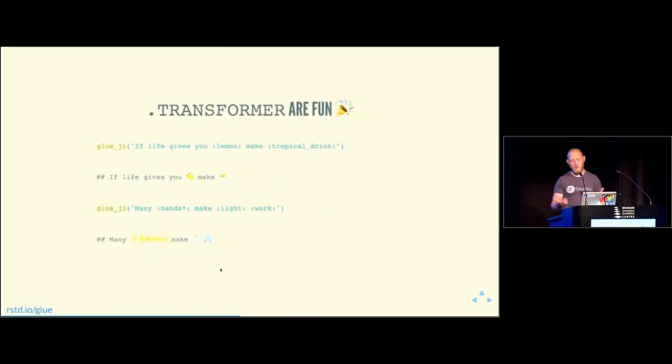So you can also do more fun things. So this example is allowing you to insert emojis into your strings just like you would on Twitter or Slack or GitHub or whatever. So this is using the emo package under the hood.